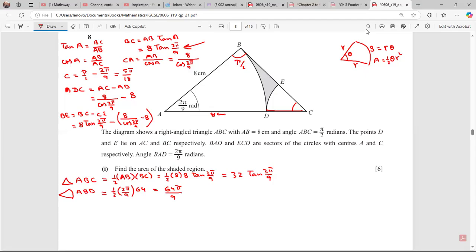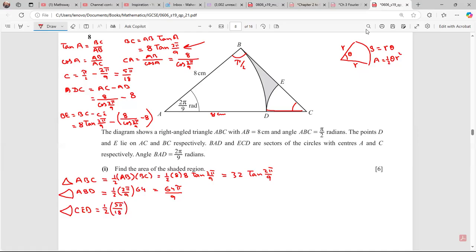Now in the same way, the area of sector CED, the smaller sector, smaller area. Again, this is half into the angle, and that angle we calculated, it's 5 pi by 18, into r square.